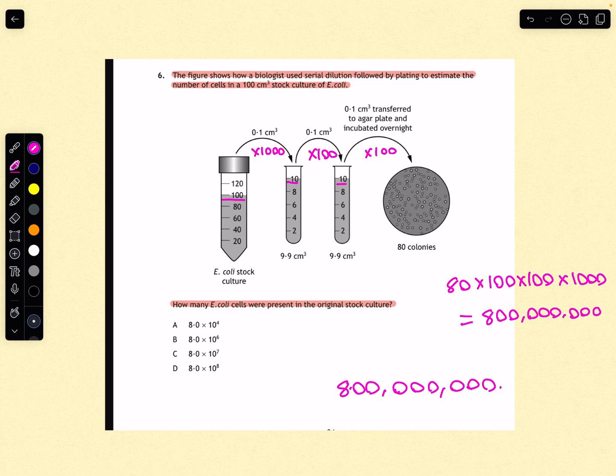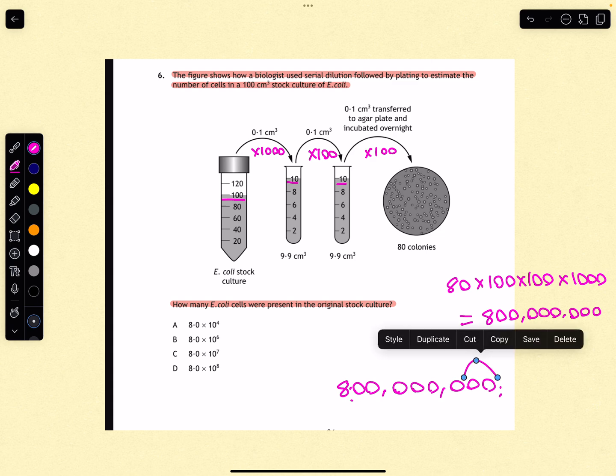So with this point at the end, to get it from here to here, it's going to go 1, 2, 3, 4, 5, 6, 7, and then 8 to there.